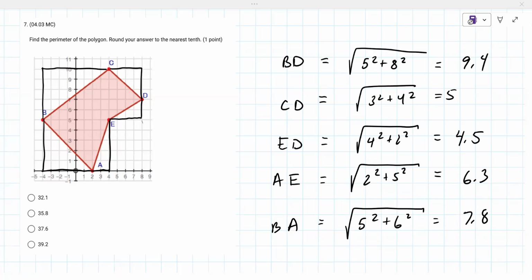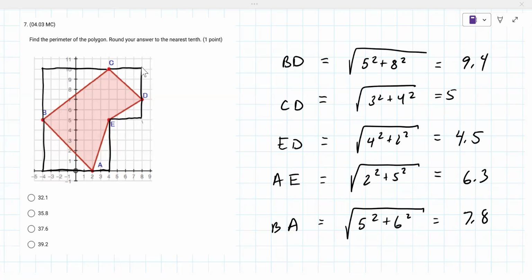All right, 9.4 plus 5 plus 4.5 plus, ooh, I'm off here, so I must have made a mistake. You definitely double check me here. 5 and 8.